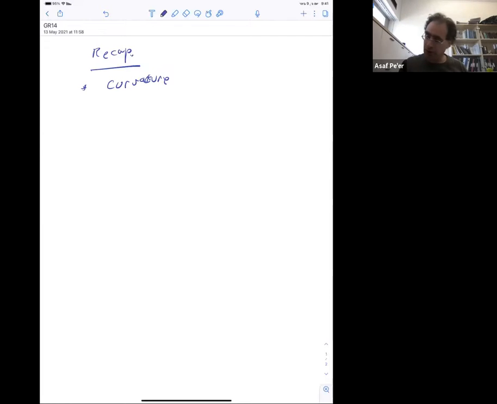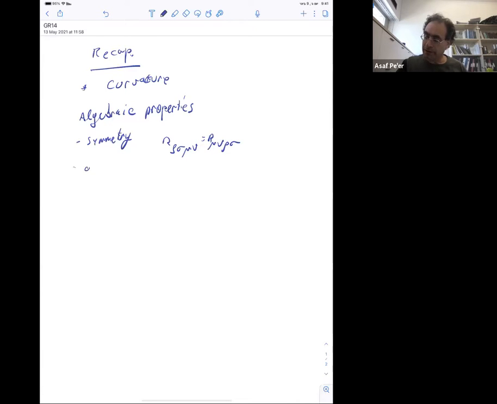We spoke about a few algebraic properties of the curvature tensor. We spoke about symmetry with respect to a change of the first pair with the second pair: R rho sigma mu nu is R mu nu rho sigma.